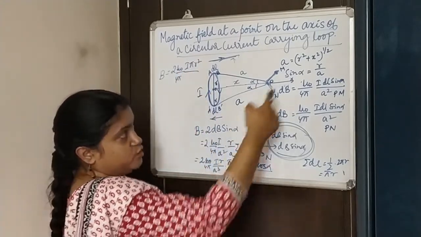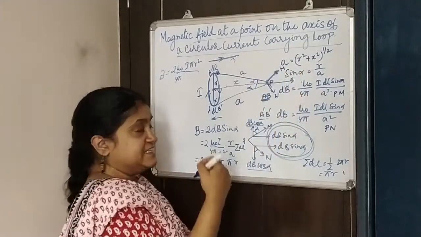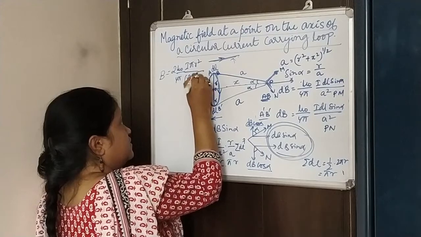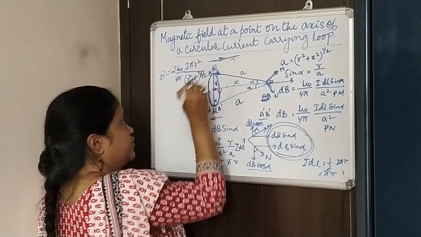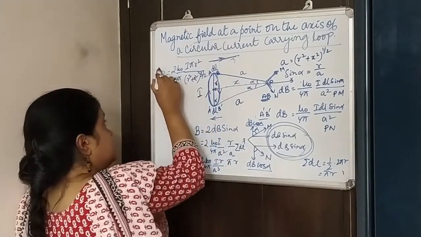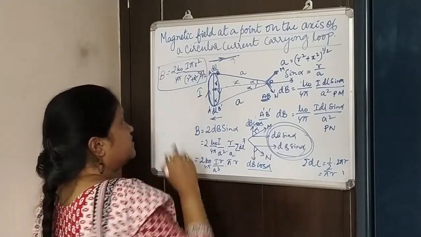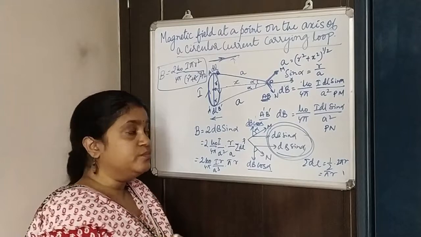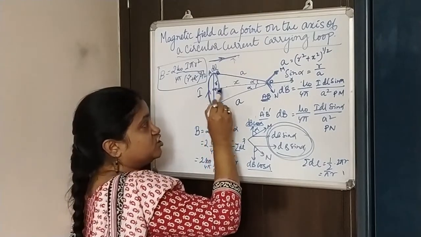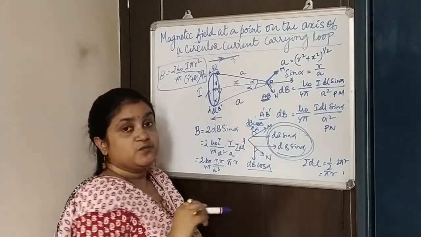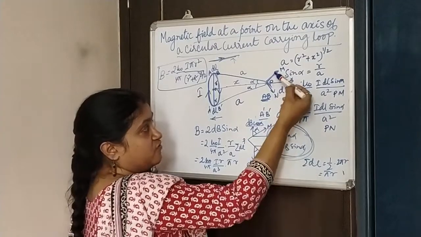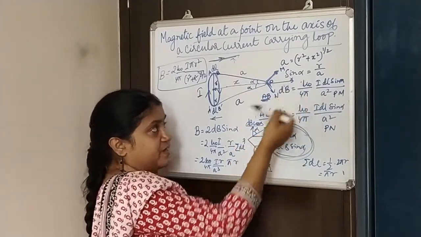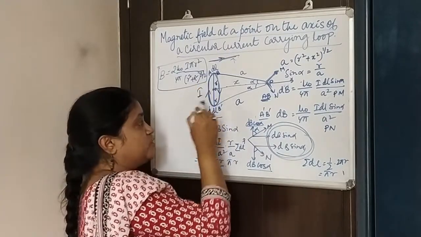In the place of A cube I can substitute this value, which is nothing but r square plus x square to the power 3 by 2. So this is the magnetic field that we calculate due to this circular loop, which is in the direction of OX, the summation of the magnetic fields due to these two elements.